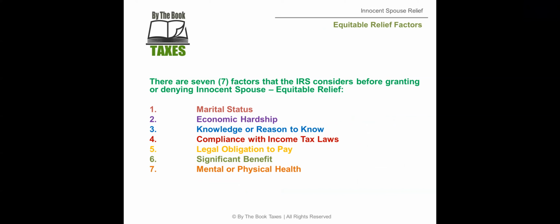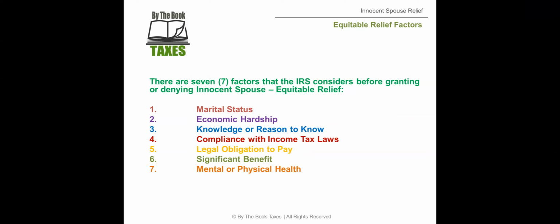The reason for this is that the 1998 Act and the expansion of the innocent spouse filings was really meant to address a lot of what was considered the inequities of the original innocent spouse rules put in place in 1971. So there are a lot of factors that are considered before granting or denying equitable relief.